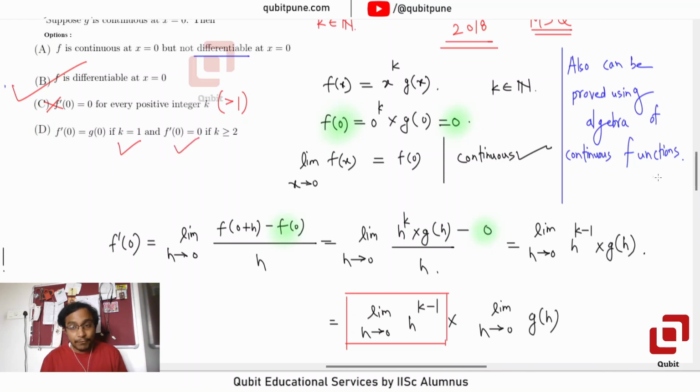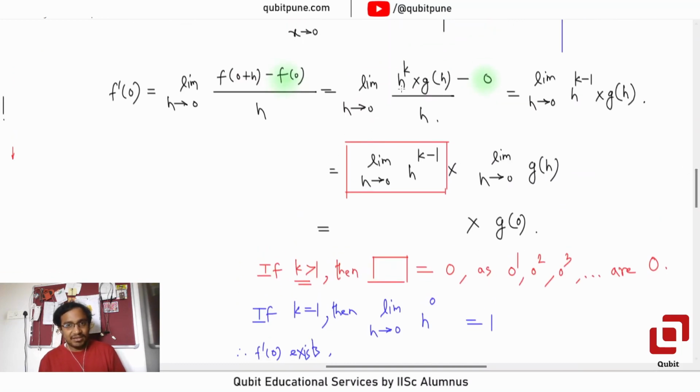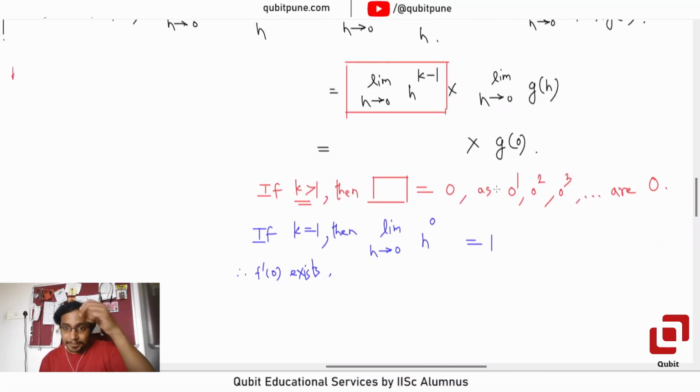Why? Again, we have to split that. We have got k minus 1 because of the cancellation of one power of h in the numerator by this first principle definition of derivative. Therefore, when k is greater than 1, we'll get 0 into g of 0, which is 0. But if k is equal to 1, then that limit is equal to 1, and therefore f dash of 0 is g of 0.